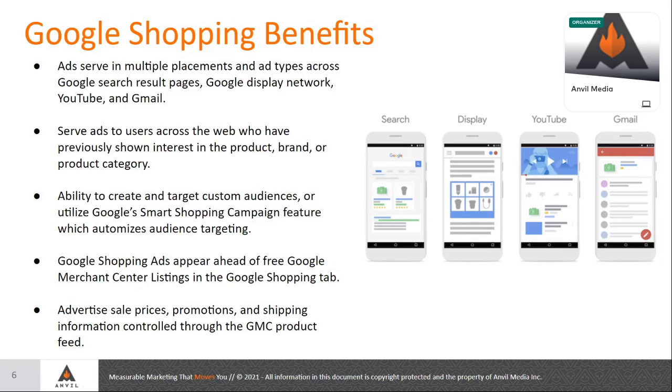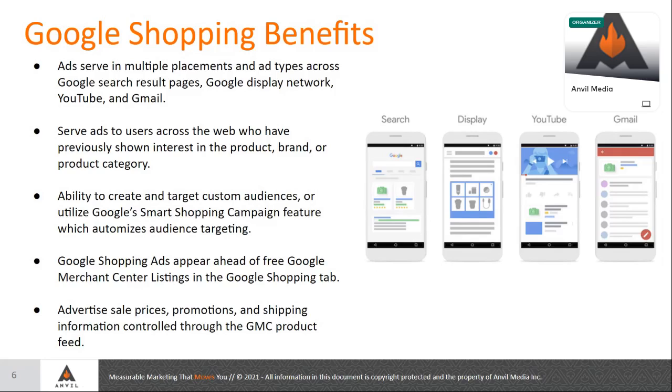Google Shopping ads serve to users across the web, and generally to users who have shown interest in your product, brand, or product category. If you're using a Google Smart Shopping campaign tactic, it's not necessarily going to be exclusively targeting users who have previously visited that product page or your overall website.